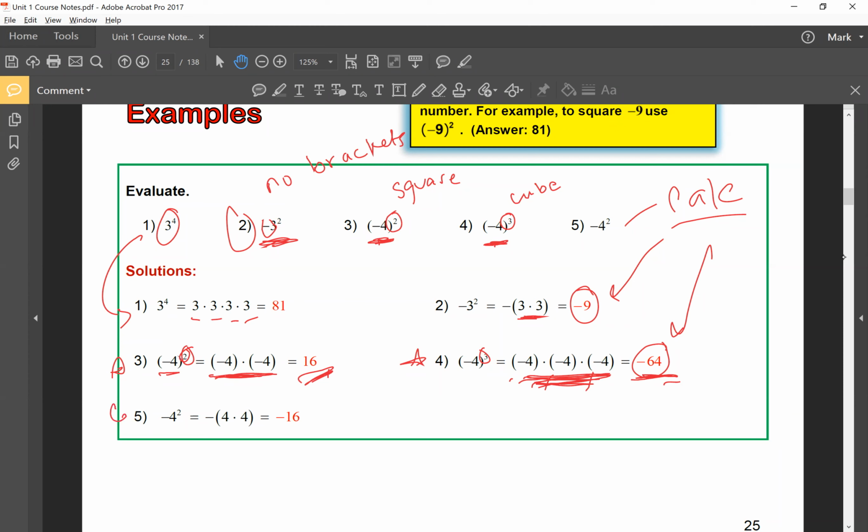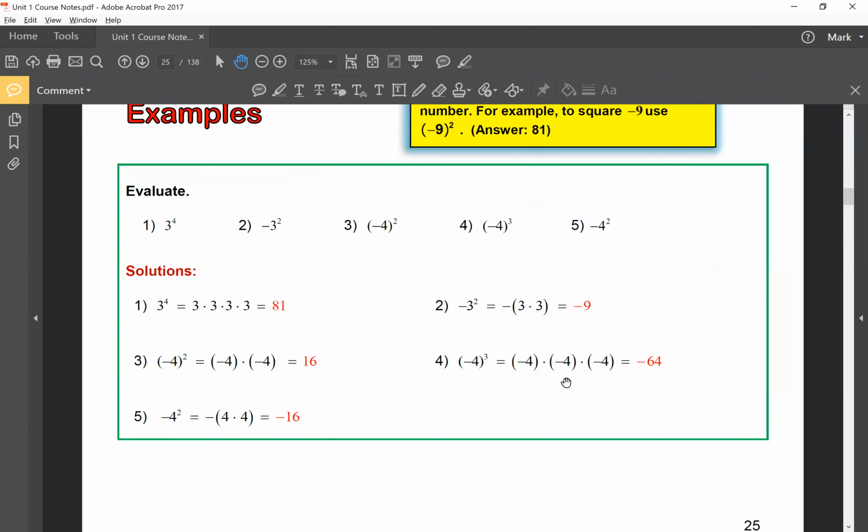If you look at number 5, there's no brackets, so the negative stays outside. I only square the 4s and I get -16. And one thing to really look at, and then I'm going to ask you guys to do a bit of practice: look at the difference between 3 and 5. 3 and 5 are almost the exact same question, except in number 3, we have brackets, so this is positive.